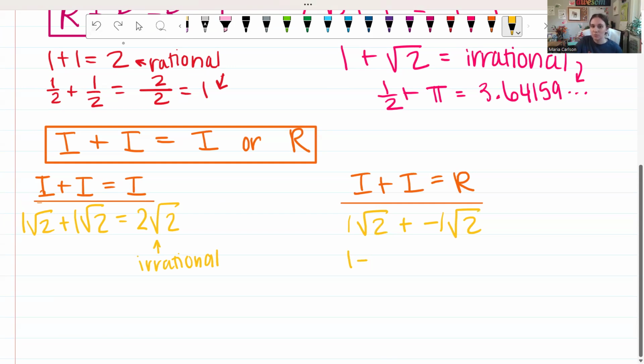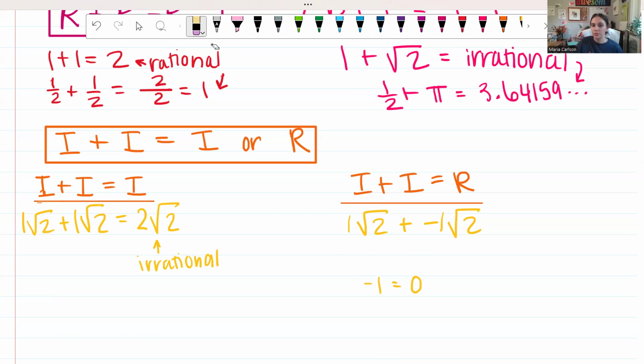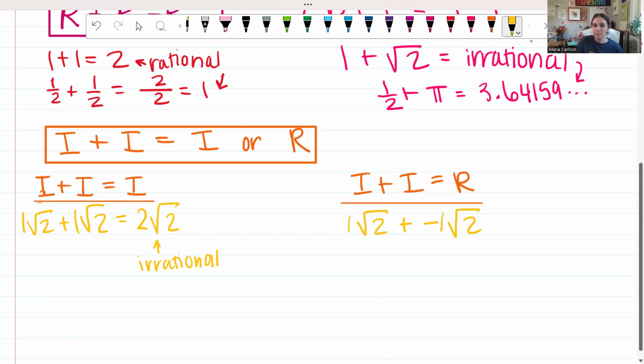That's really what that is. 1 plus negative 1, which is 1 minus 1, is 0. So we have 0 square root of 2. And 0 square root of 2, that is 0, which is a rational number. Because 0 over 1, that's a fraction. So it can be either or.